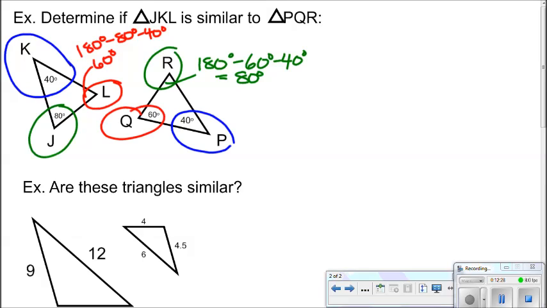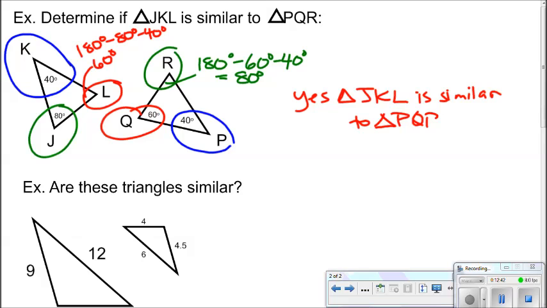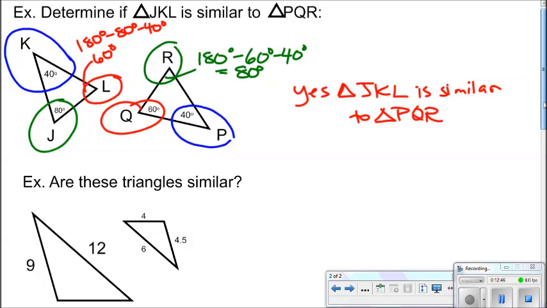So that shows us that L and Q are equal. So the corresponding angles are all equal. So yes, triangle JKL is similar to triangle PQR. And so you should always have a statement like this at the end of a question that's asking you if two triangles are similar.